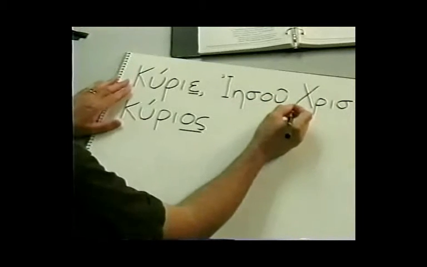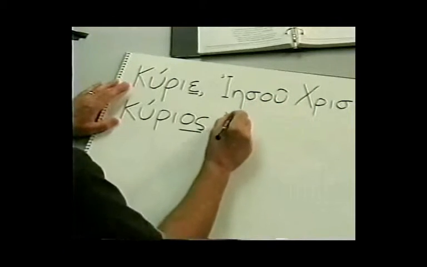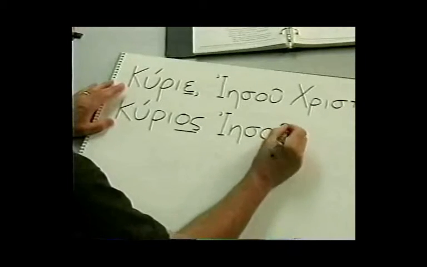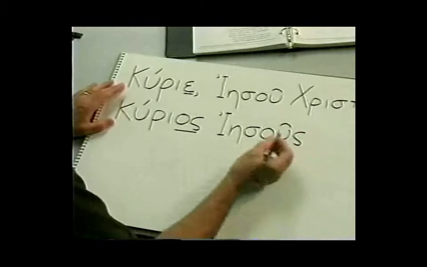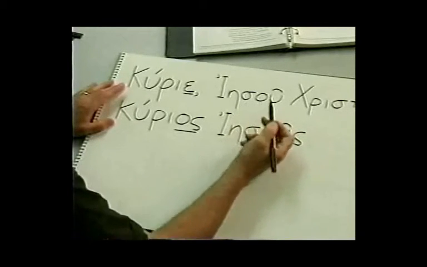Now, what is the lexical entry of this word for Jesus? Iota, eta, sigma, omicron, upsilon, sigma. There's your lexical entry.